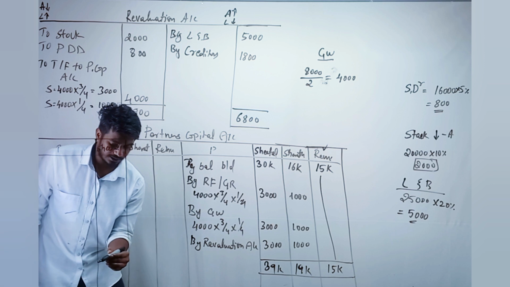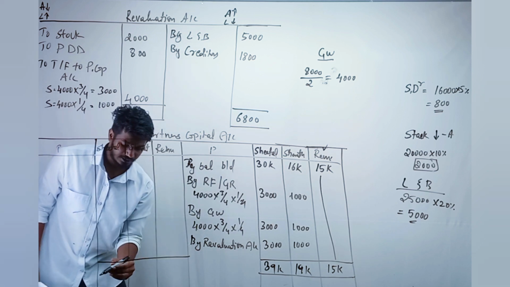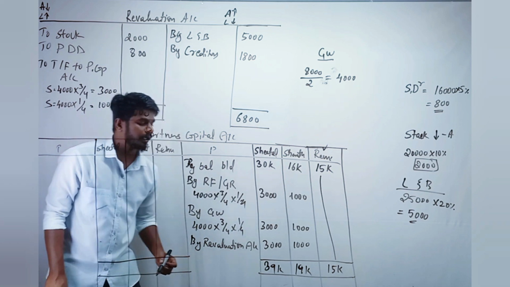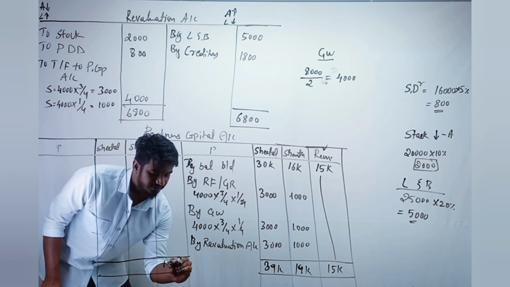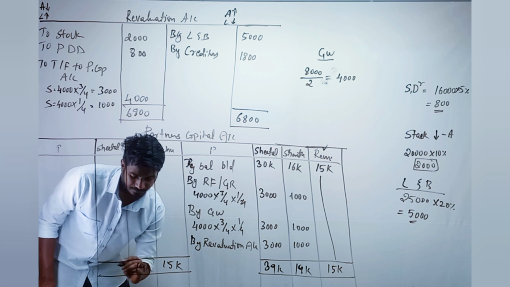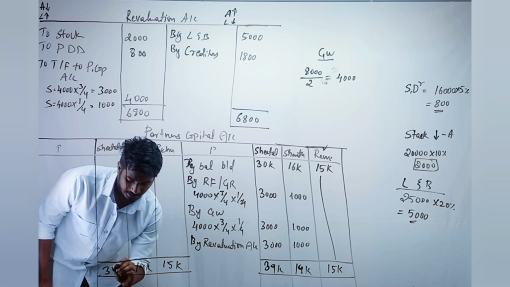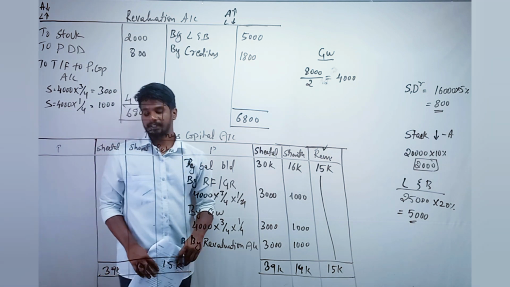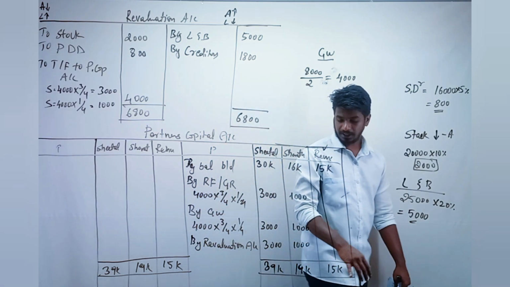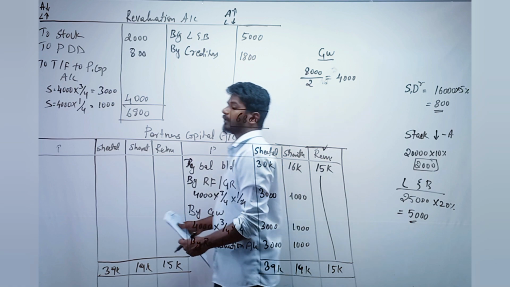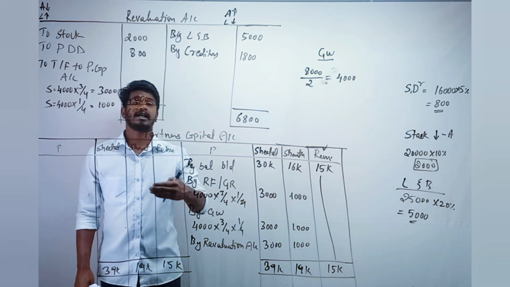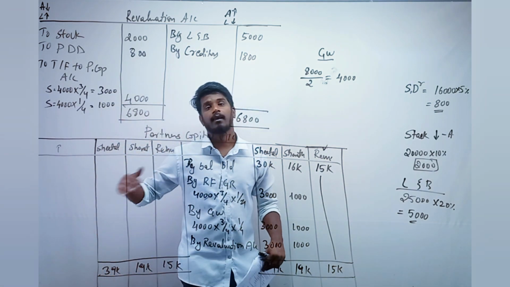Write the same total on the debit side of the partner's capital account: 15k, 19k and 39k for Sheetal. Now we don't have anything in the debit side.